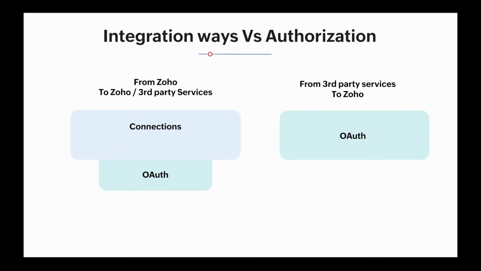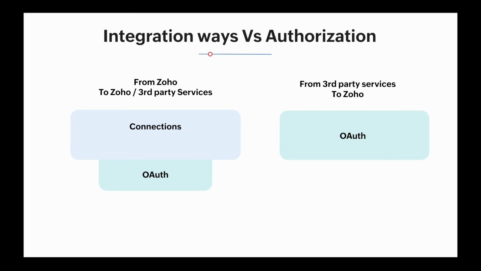So you have the option to use connections, which is provided as part of the Deluge module. The connection sits on top of the OAuth, and it abstracts some of what is essential to do, like refreshing the access tokens periodically and things like that. So it handles things seamlessly. It makes the developer experience easier. It has multi data center support and things.